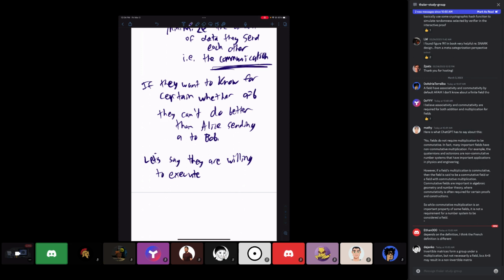And they're willing to execute a randomized algorithm and output the wrong answer with at most some tiny probability.